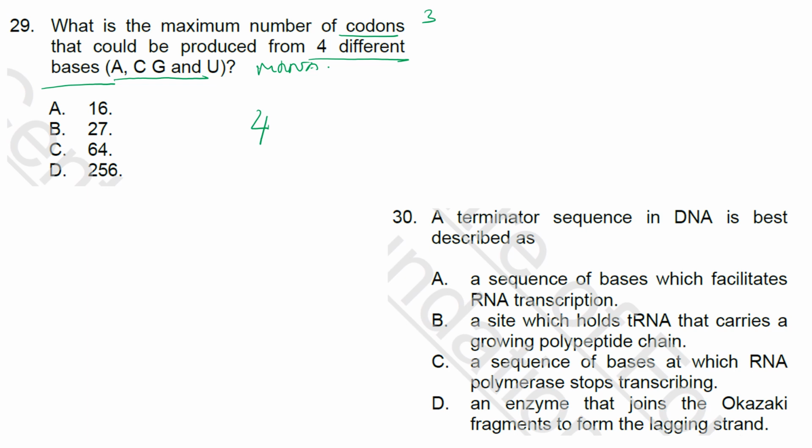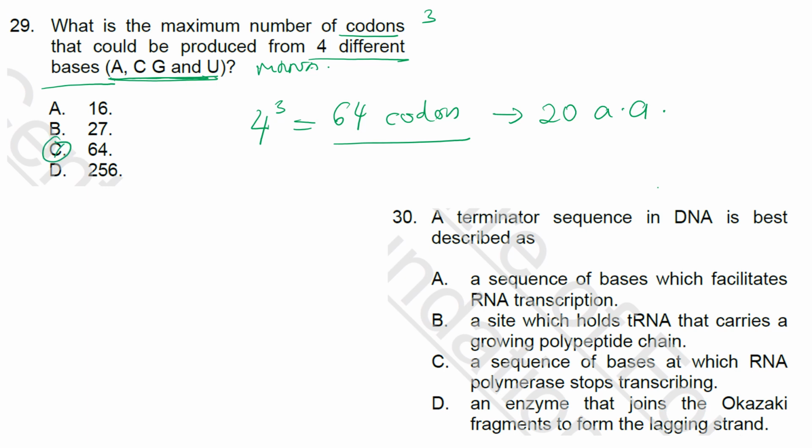Okay, so 4 to the power of 3 equals 64 different codons that can possibly be generated from the 4 bases. So 64 codons possible that will code for 20 different amino acids. Okay, so the answer will be C.